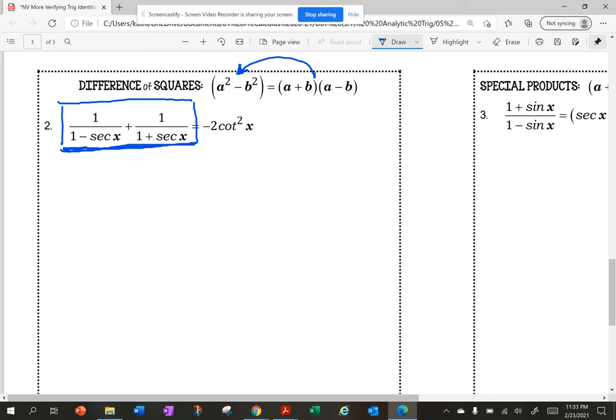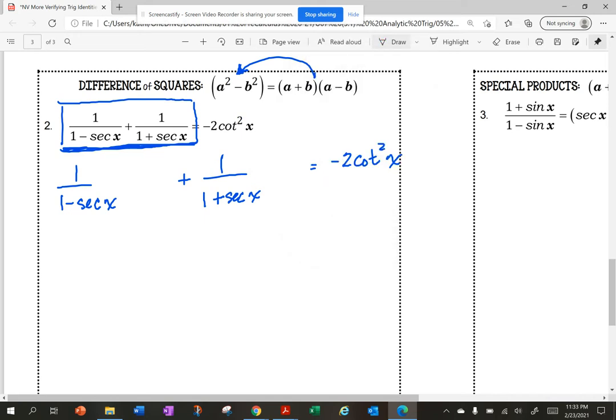So I'm going to start with this: 1 over 1 minus secant of x plus 1 over 1 plus secant of x. And I'm not going to do anything to the right-hand side, so I'm going to leave the right-hand side as minus 2 cotangent squared of x.